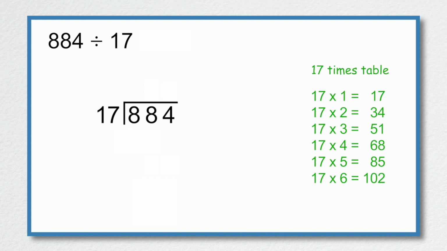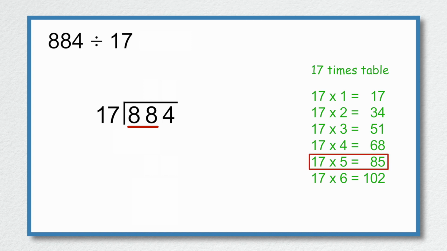Now, because we are dividing by a two-digit number, we'll look at the first 2 digits of 884. There's no point just looking at the first digit. 88 divided by 17. Well, 17 goes into 88 5 times.